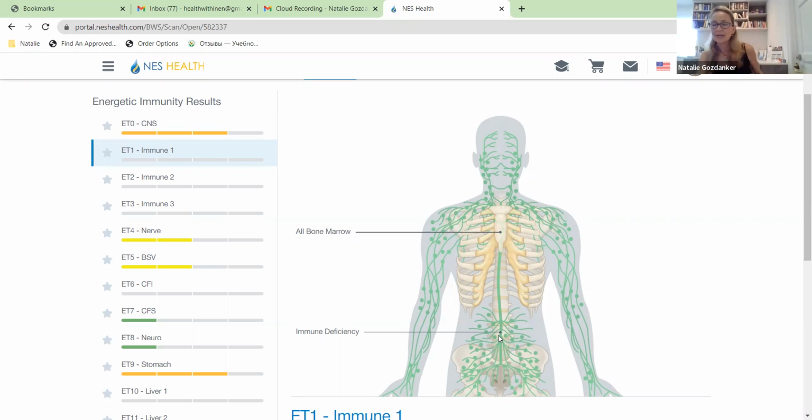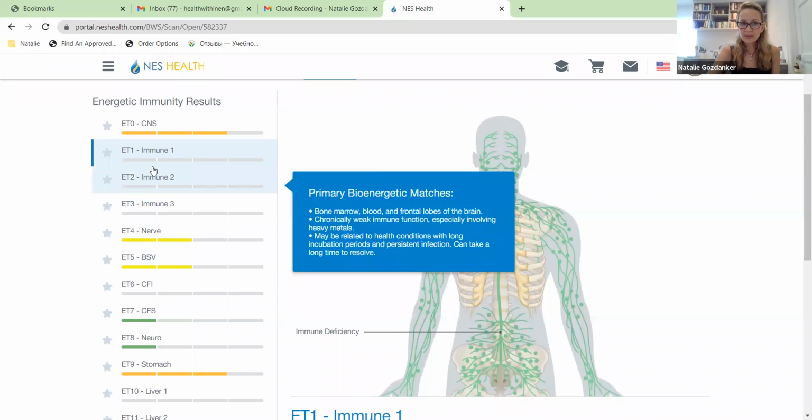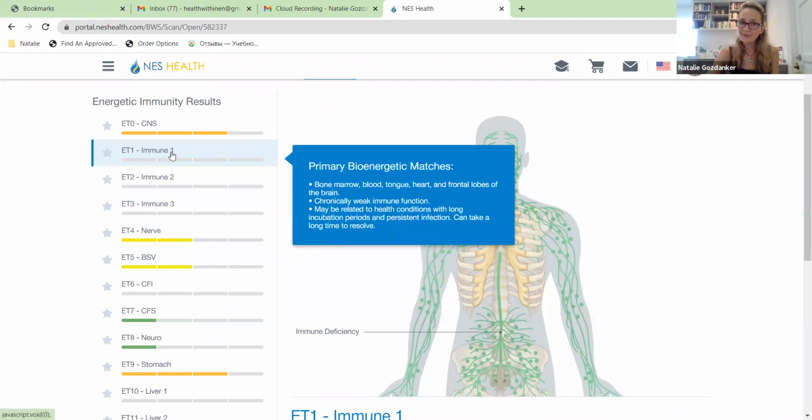You know that in our GI tract alone, 90% of the immune cells have their activity there. But the difference between them is that the reason for asking for support is different. For example, for immune 1, it's usually some pathogenic activity with long-term incubation periods and persistent infection.